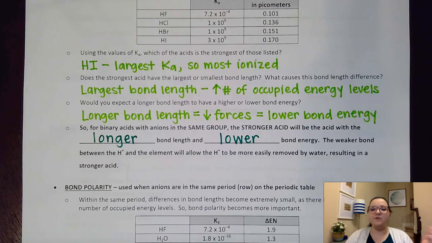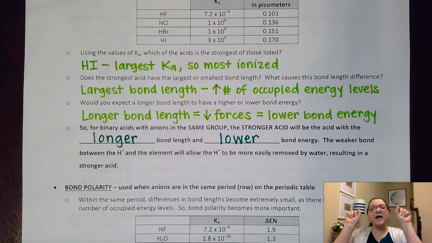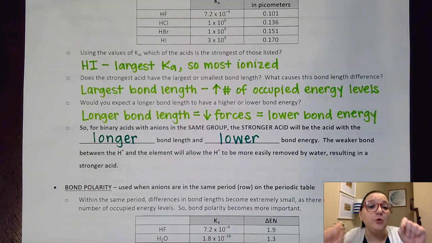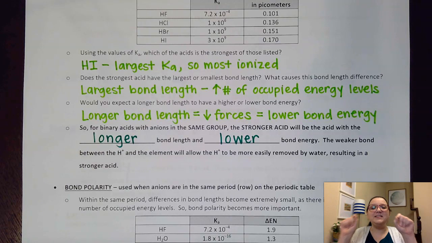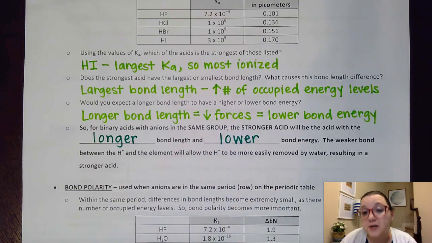So let's think back for a minute. If I have a longer bond length, that distance between the two nuclei, the internuclear distance, is greater. And hopefully we remember Coulomb's law. If that distance is greater, then our force of attraction should be decreased. It should be a weaker attractive force. And if I have weaker forces, then I should have a lower bond energy.